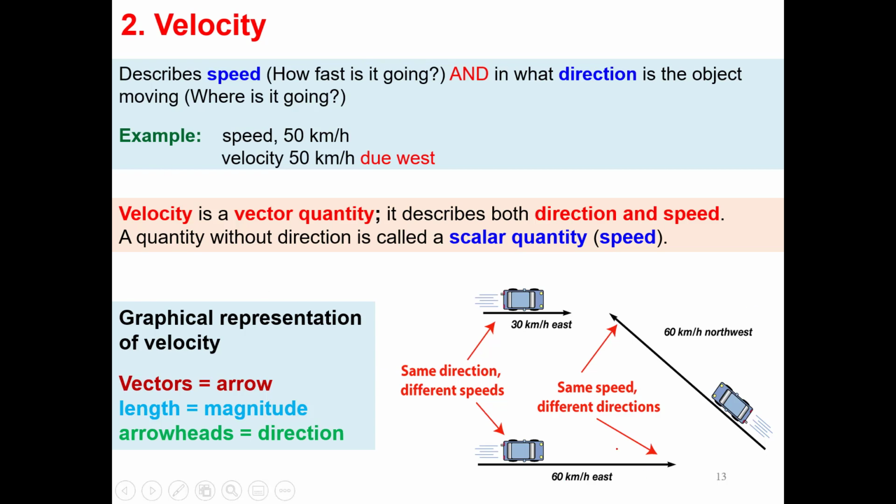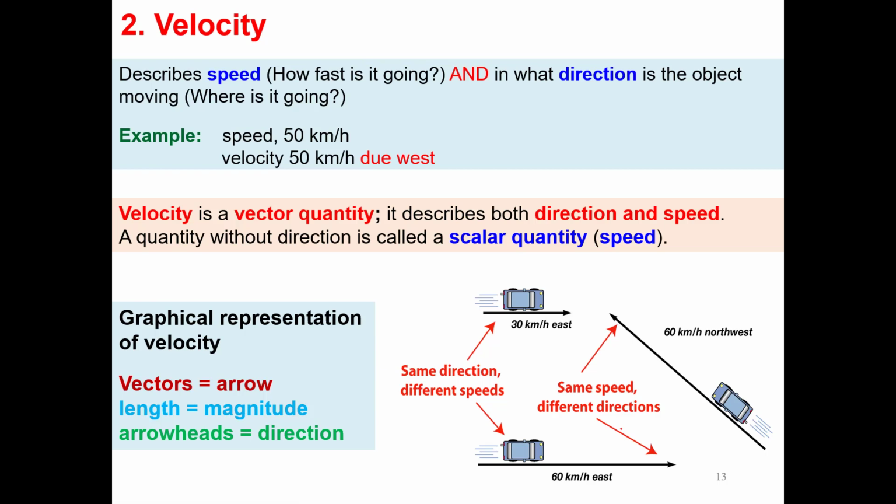If we compare the velocities for these two cars, this one is moving at 60 kilometers per hour in the east direction, and this one is moving at 60 kilometers per hour in the northwest direction. We can see these two cars are moving at the same speed but in different directions.